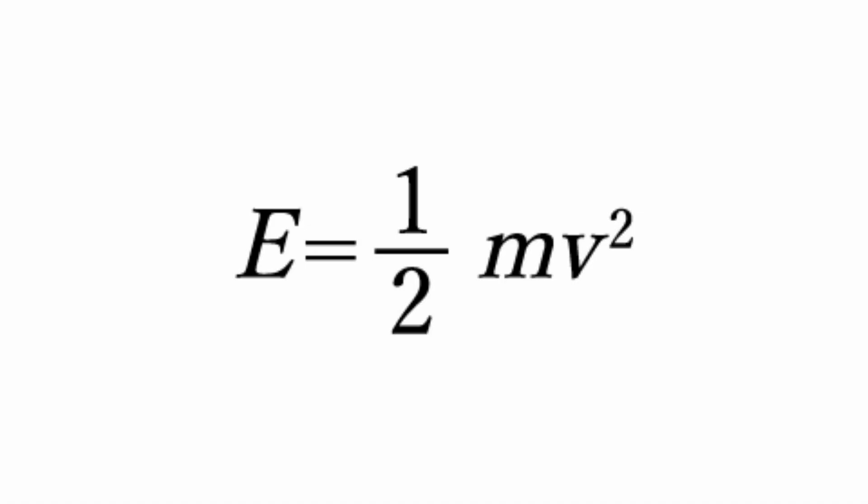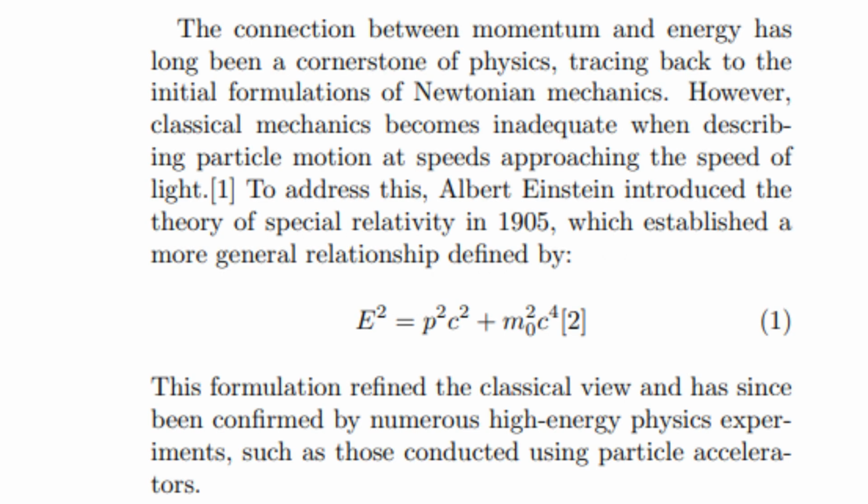First of all, in theory, at relativistic speeds classical mechanics breaks down a little bit, and instead of the classic energy equation E equals 1/2 mv squared, we have another definition in special relativity that tells us energy squared is directly connected with the momentum times the speed of light squared, in addition to the mass squared and the speed of light to the fourth power.